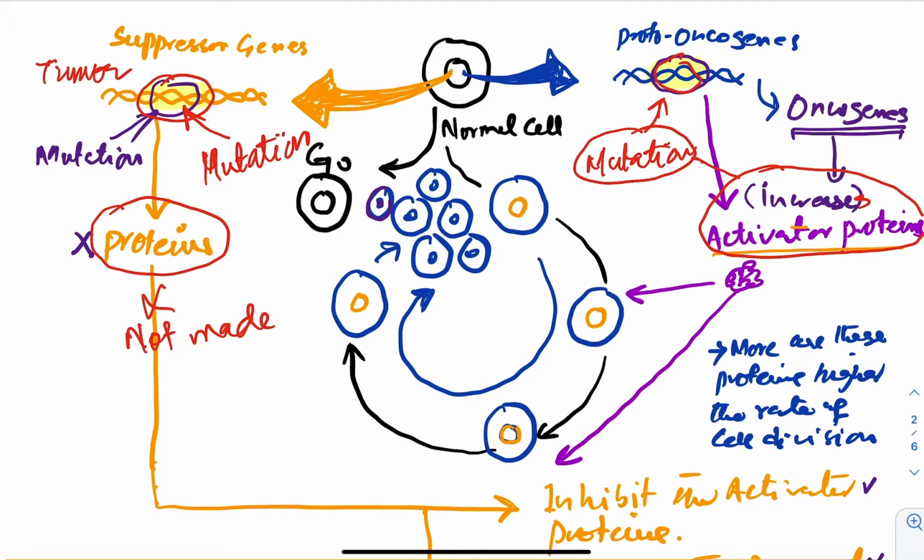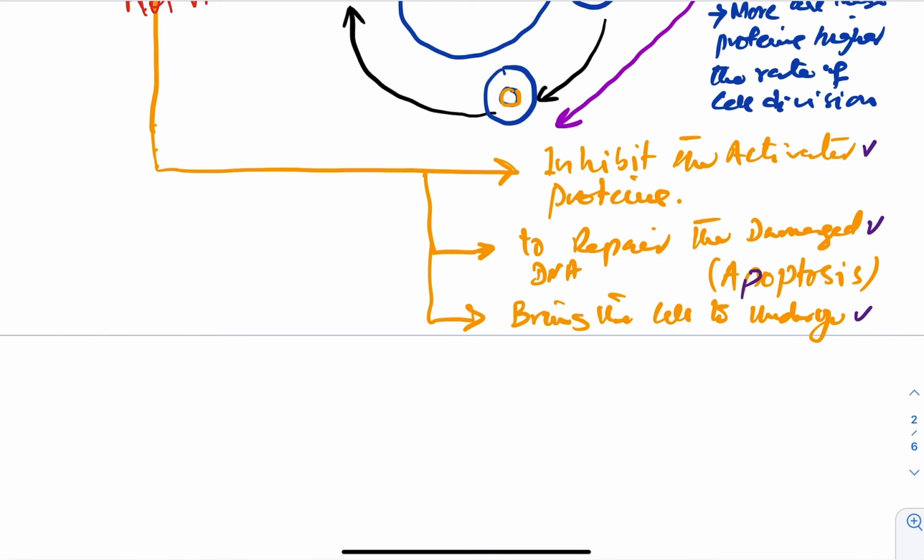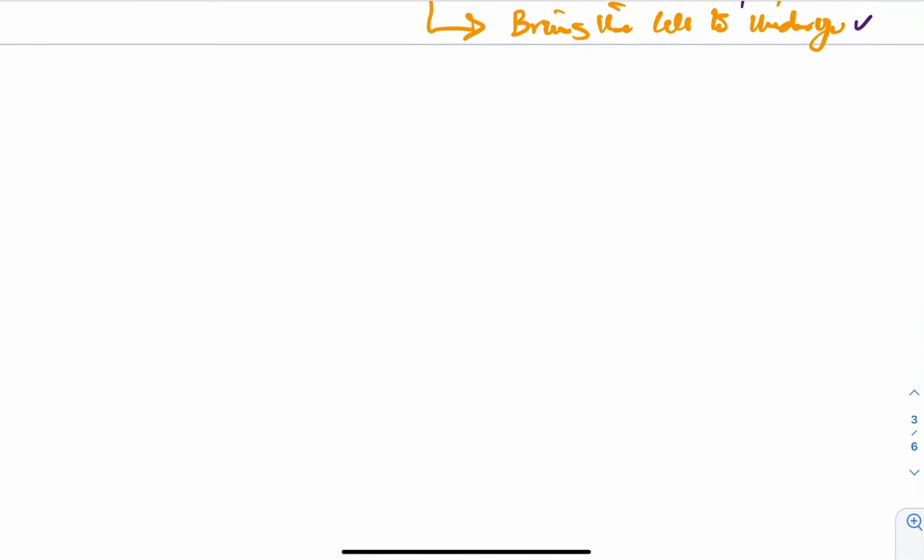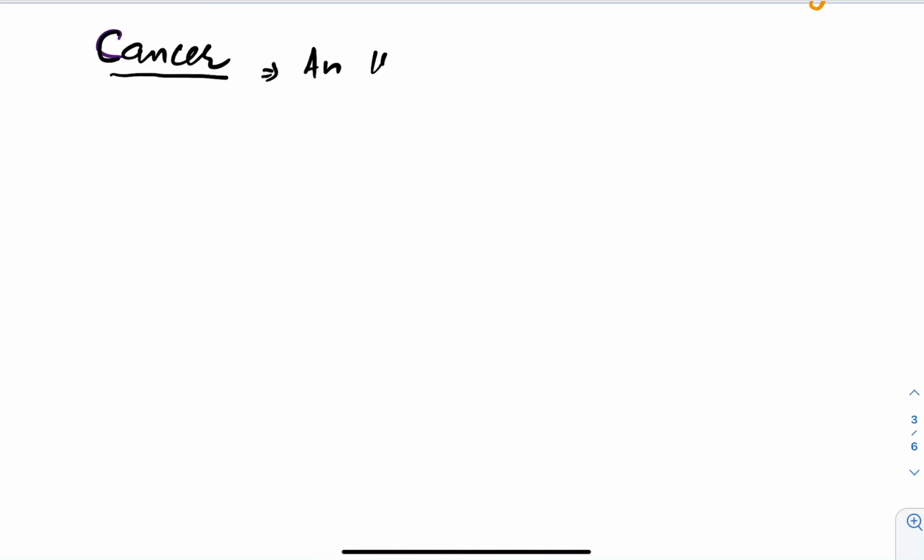So let's see, how do we define cancer? It is an unstoppable division of cells by mitosis.